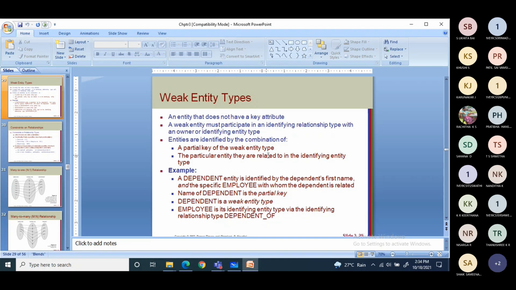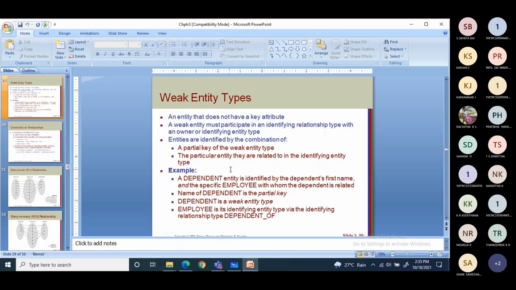The particular entity they are related to in the identifying entity type. Particular entity means exactly a key attribute should exist, then only we can say that is an entity type. But when you have partial keys, then that is called a weak entity type.